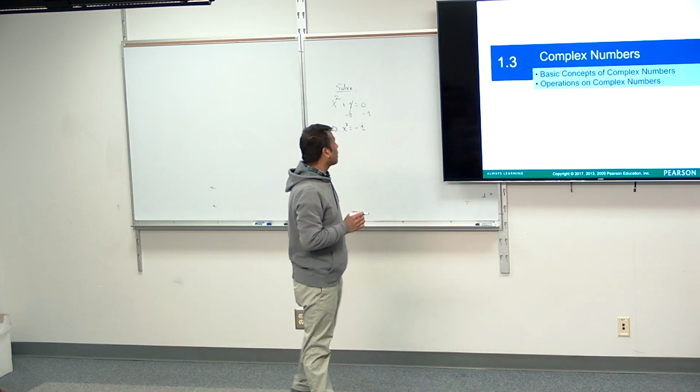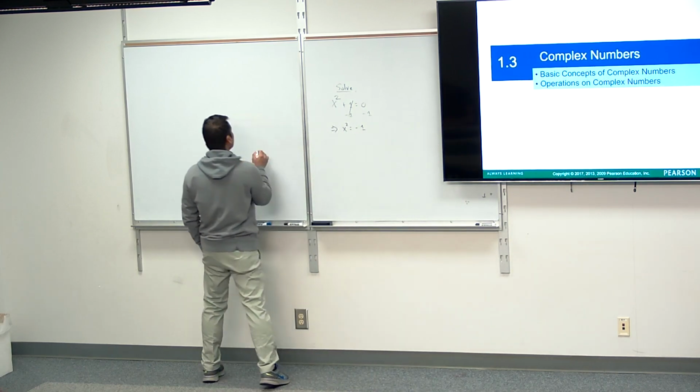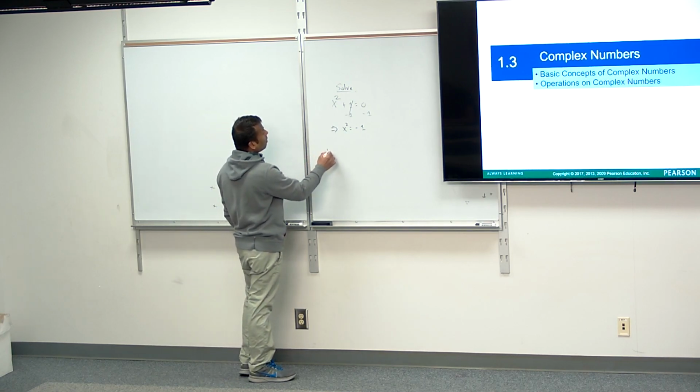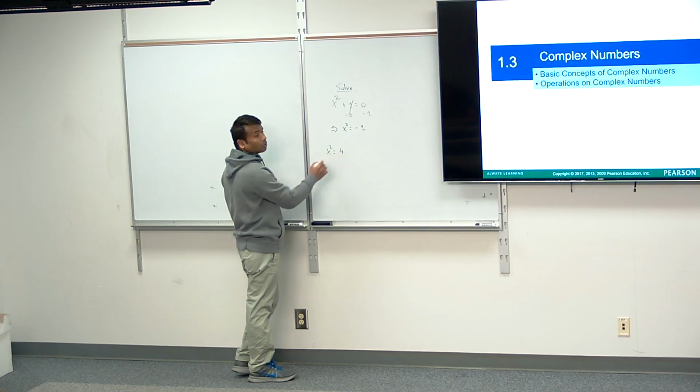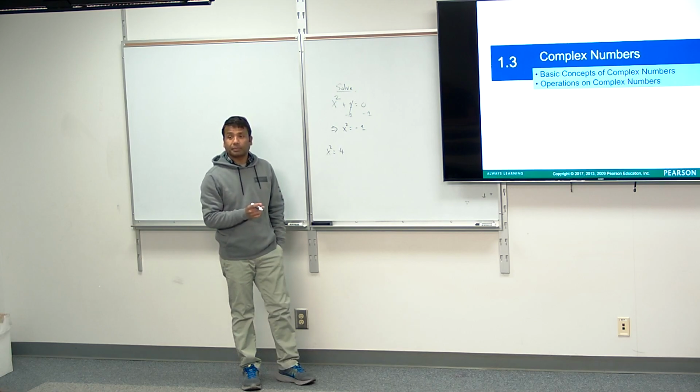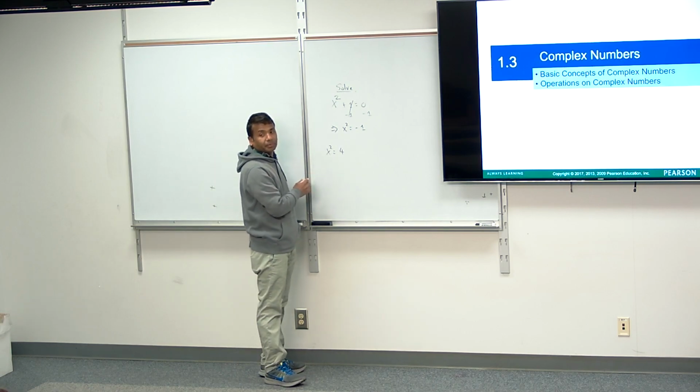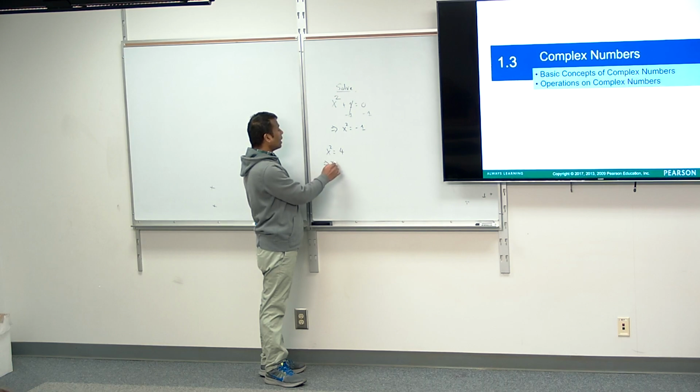So let's see, if you have x squared equal to 4, so what are the values of x? How do you find the values of x from here? You simply do x equal to plus or minus radical 4, is that right?